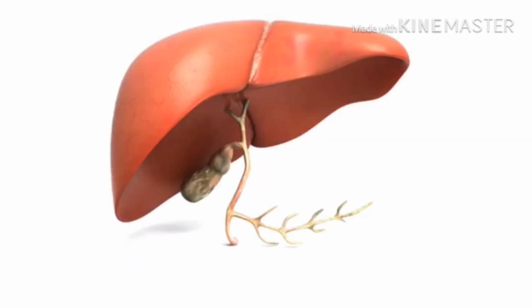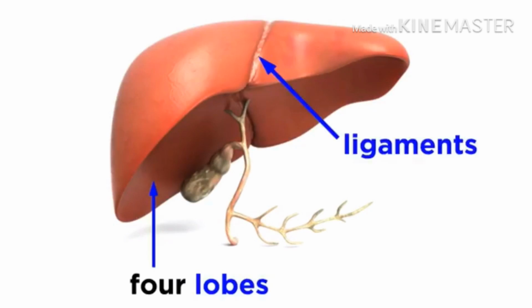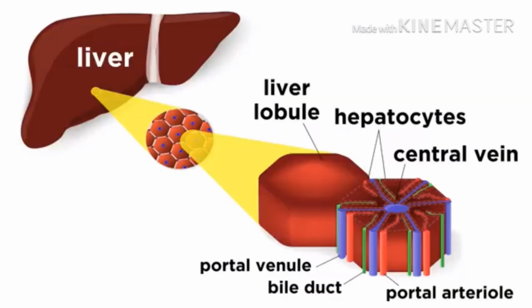In the liver, we see four primary lobes separated by ligaments. Zooming in more closely still, we see smaller units called liver lobules.